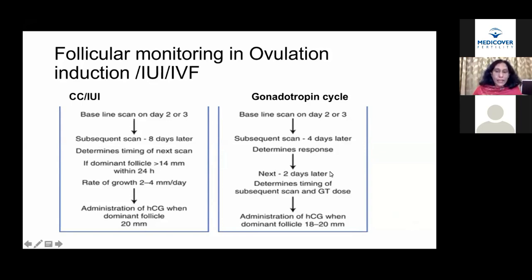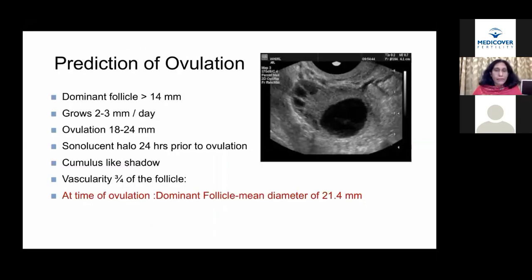And again, we keep calling them every 2 days. We monitor the size of the follicles, and about the 11th or 12th day, we expect the size to be more than 17 millimeters, and then we give the trigger, and we plan the egg collection procedure after 36 hours.